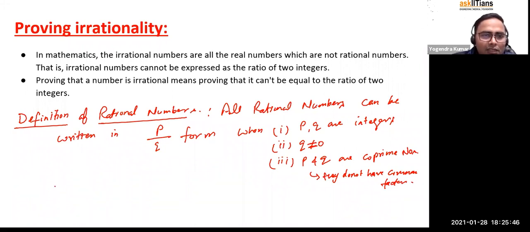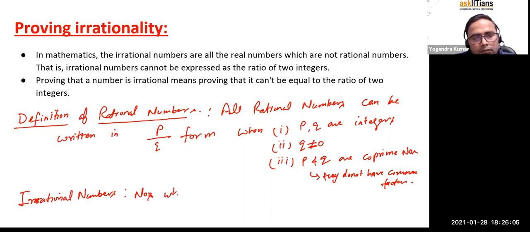Now what are irrational numbers then? Irrational numbers are those numbers which cannot be represented in p by q form.